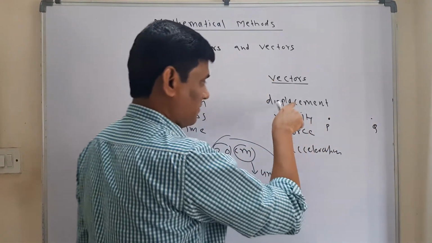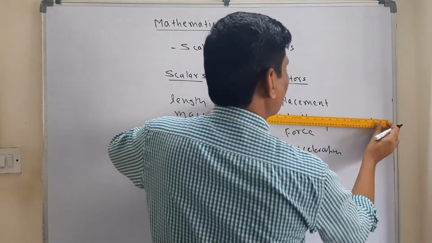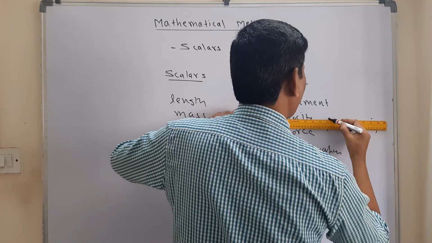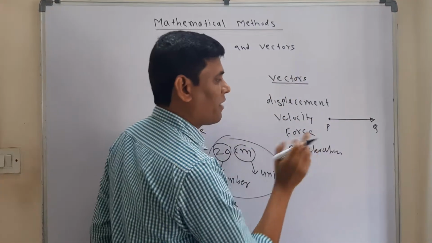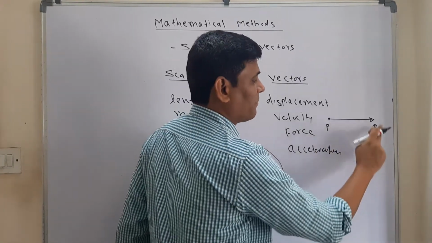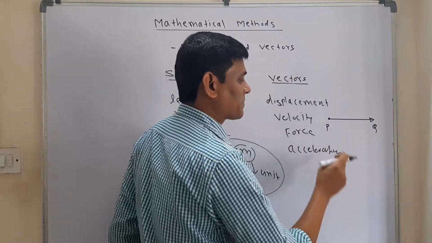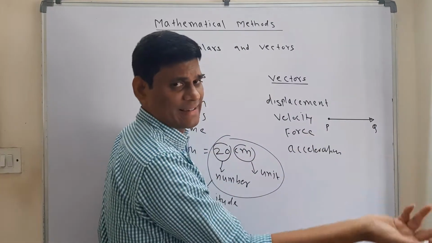Suppose initially the particle is at point, say, P and it is moving to say point Q. So this is the initial position of the particle, this is the final position of the particle, and the displacement is in that particular direction. And this vector quantity you can represent by drawing an arrow. So now it is clear cut. The initial position of the particle is P, the final position is Q, and the particle takes a displacement from P to Q. Magnitude can be anything. Suppose magnitude is 20 centimeter here.